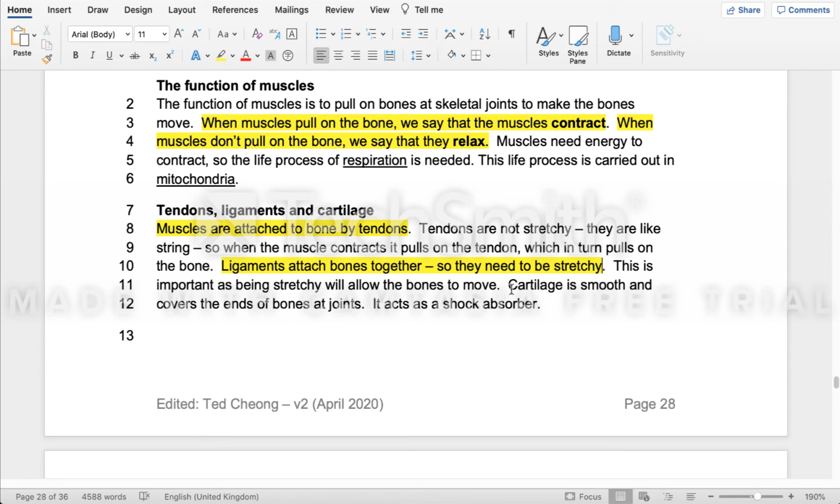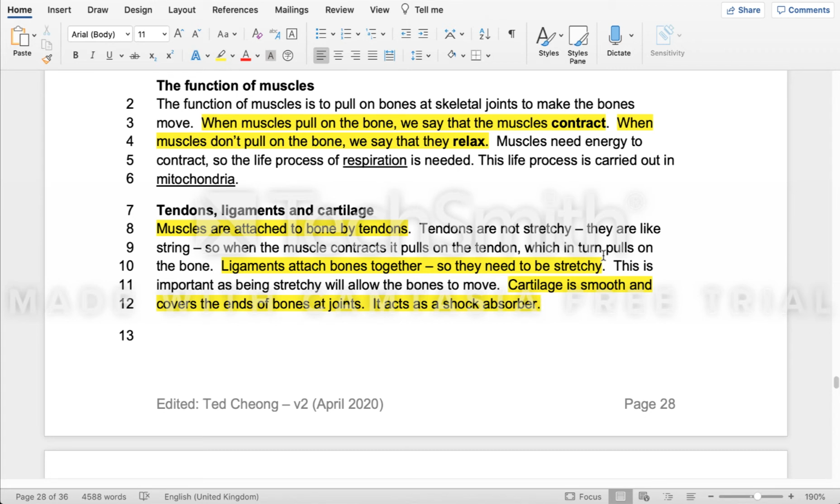All right, so the last one here is going to be cartilage. I'm just going to highlight this last sentence, or last two sentences, because it's all kind of together. So I mentioned cartilage in the last lesson because you can find cartilage in your ear. If you touch your ear, you notice that it's a little bit hard, but it has a shape.